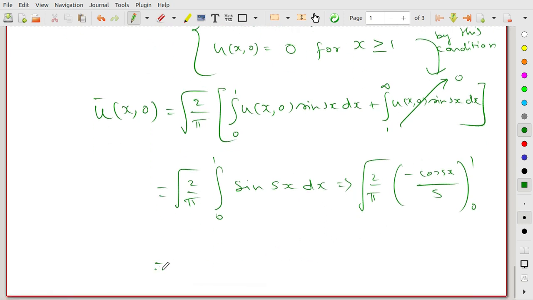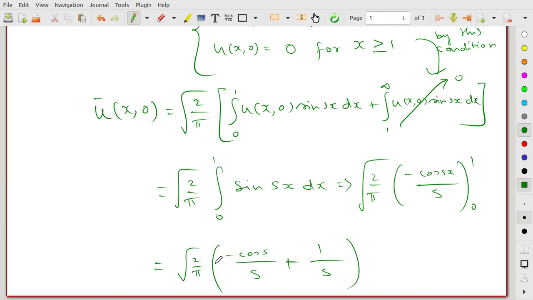Upon substitution of the limits, we have root 2 by pi. If we substitute the upper limit, we have minus cos s by s, and if we substitute the lower limit, minus, and this minus becomes plus, and the cos of 0 is 1, divided by s.